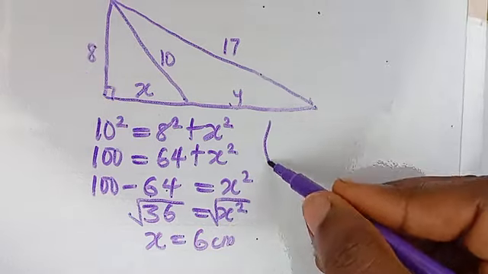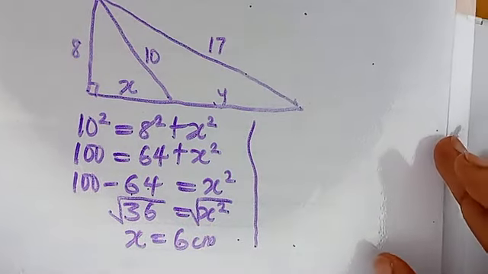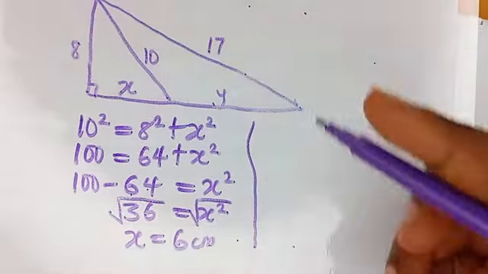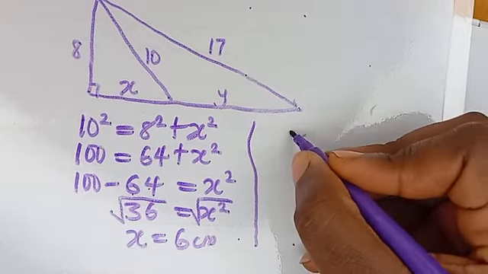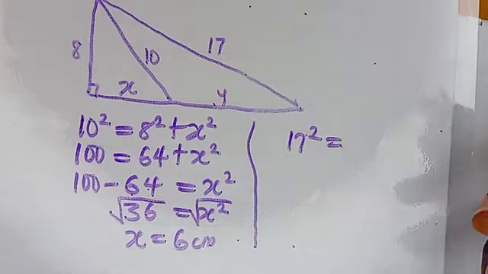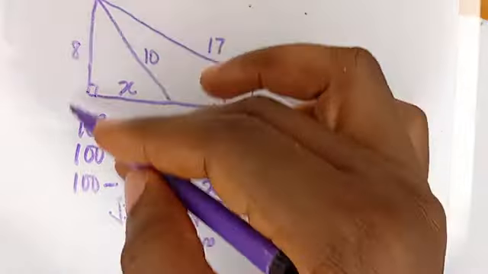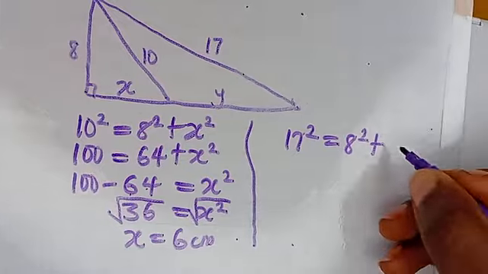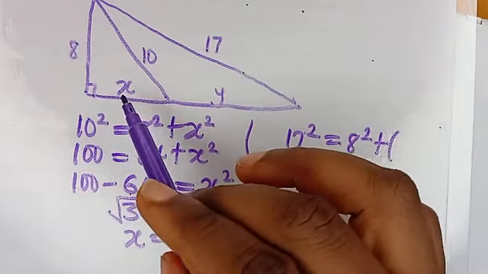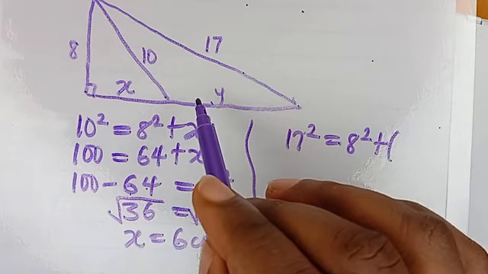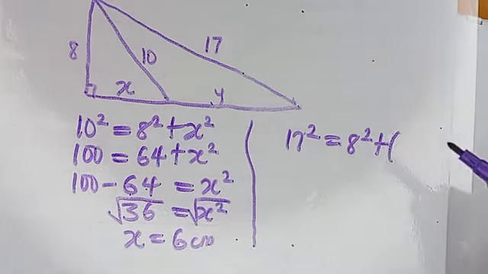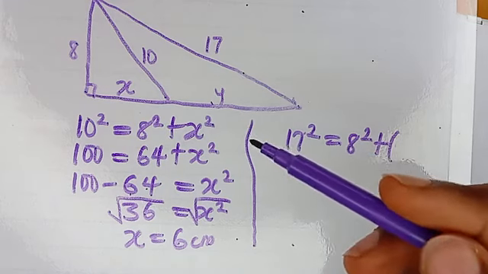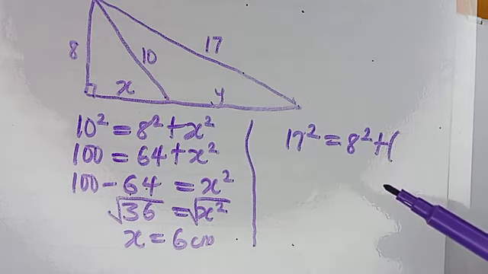Now, same thing for this other part. Now we have that the hypotenuse for this whole triangle is 17. So 17 squared is equal to, now for this whole triangle, this is still the other side, which is 8 squared plus. Now for this part, it includes x plus y. And then for x plus y, we've already found that x is 6, then y, we don't know what y is.